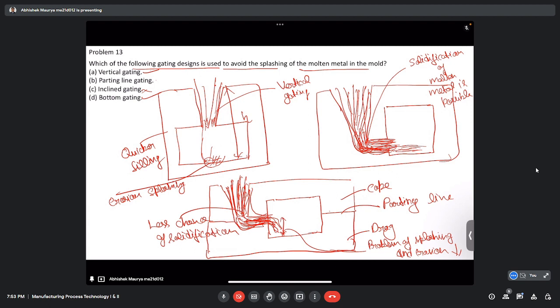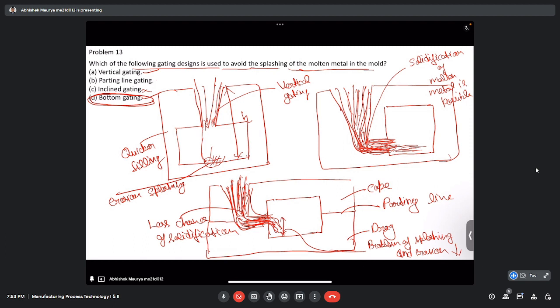If we see the question, which of the following gating systems is used to avoid the splashing of the molten metal in the mold? So the most appropriate answer will be the bottom gating, because here we are not saying anything about solidification.